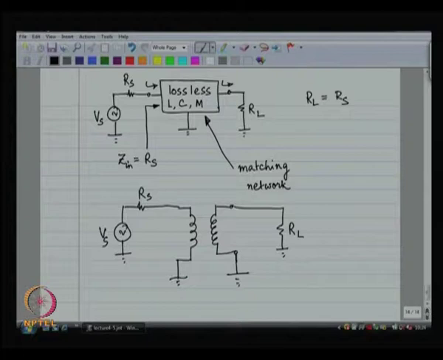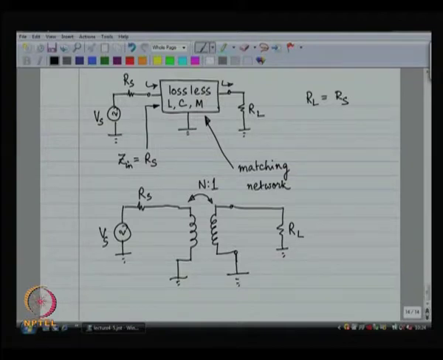Now, if the transformer has a turns ratio of n, n turns on the primary, 1 turn on the secondary, or vice versa. Let us just choose this. Let us say that the turns ratio between the primary and the secondary is n to 1. n can be less than 1. All right.